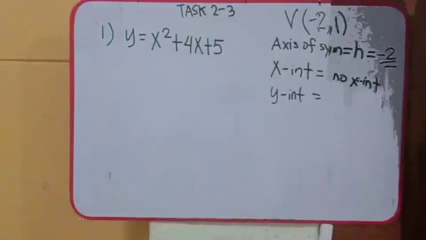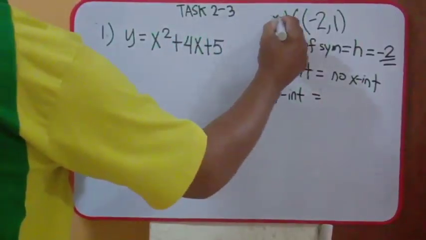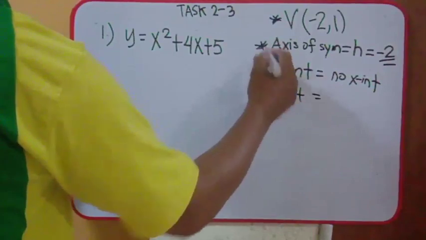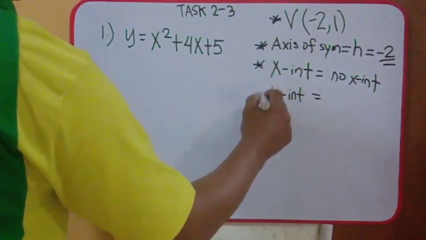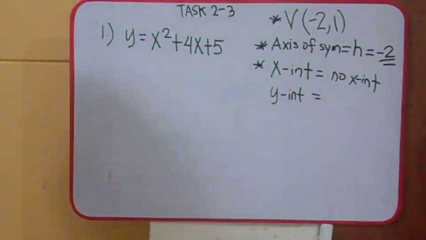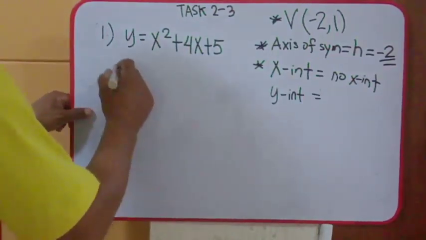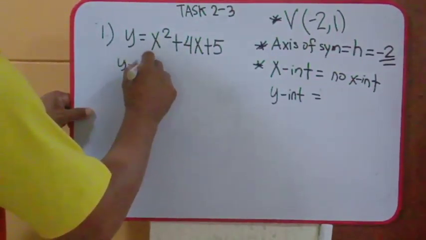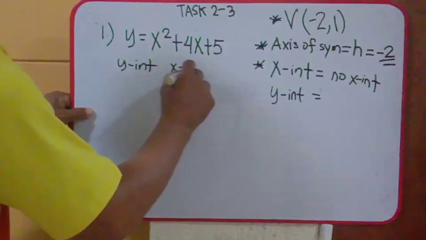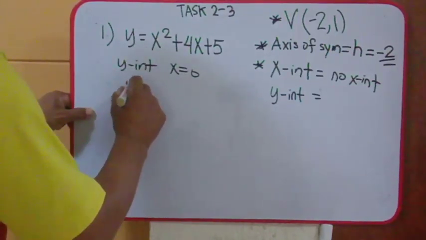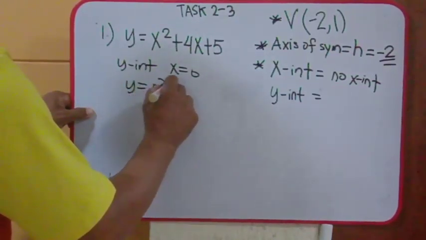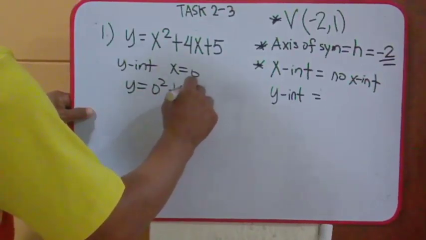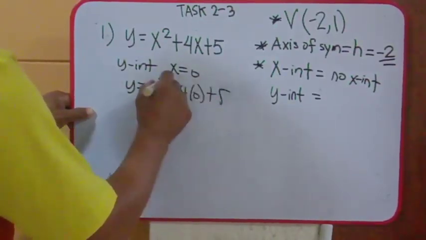Okay, next. Nakuha na natin yung vertex. Nakuha na natin yung axis of symmetry. X-intercept. Ngayon, kukunin natin y-intercept. So, ang y-intercept, x equals 0. Substitute x by 0. So, cancel.